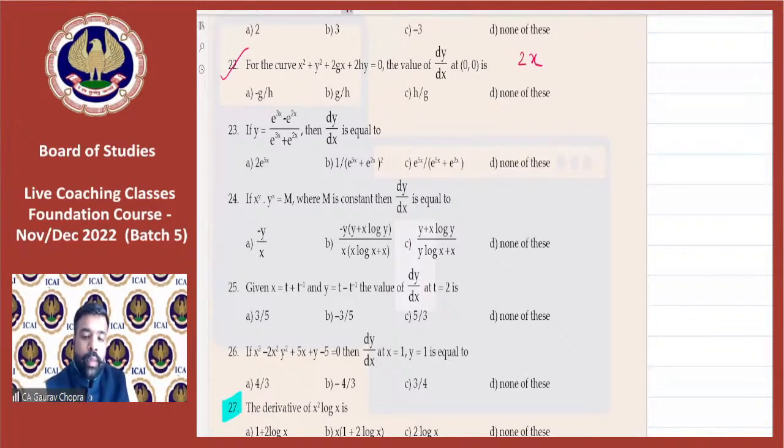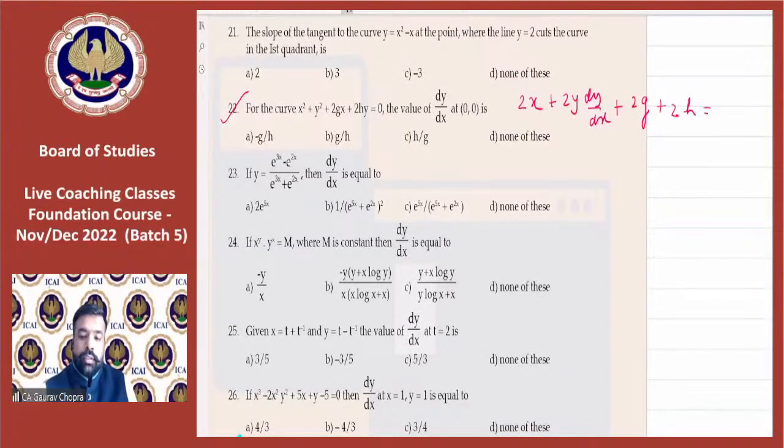It is 2x plus 2y dy by dx plus 2g plus 2h dy by dx is equal to 0.